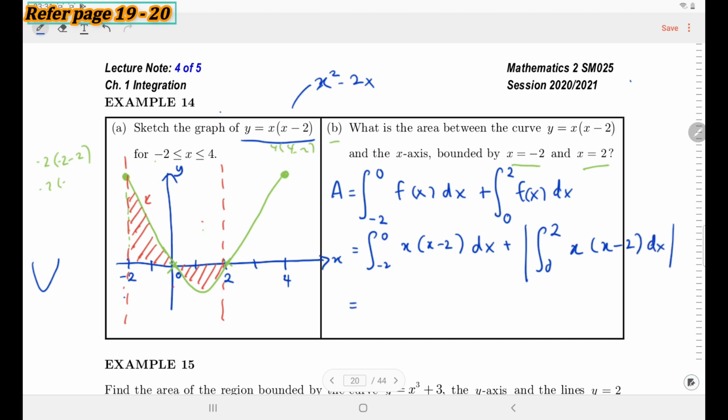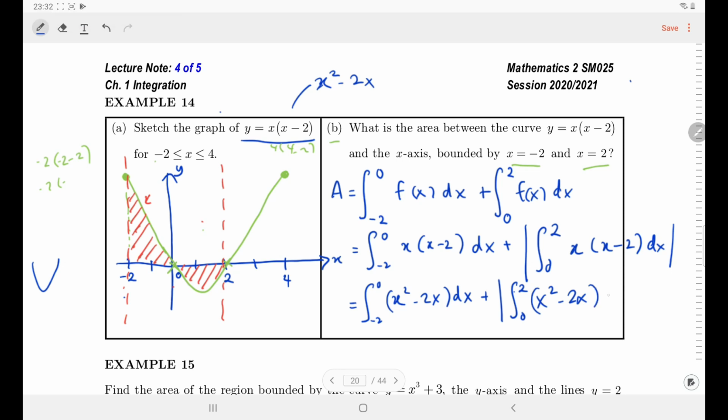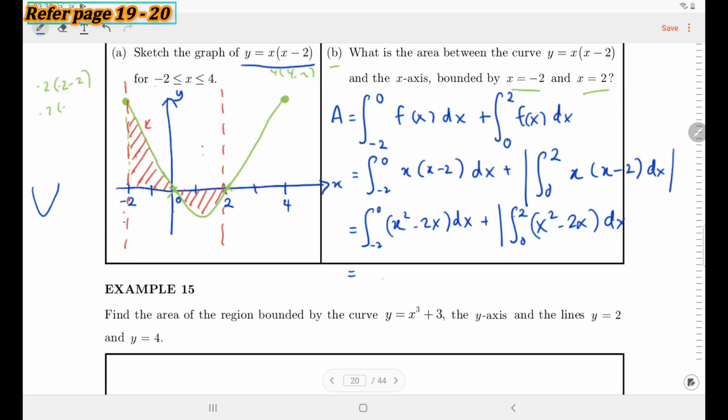I haven't yet integrated them because it is easier if I expand this first. x squared minus 2x with respect to dx, plus from 0 to 2 x squared minus 2x dx. Okay, so now we integrate them.